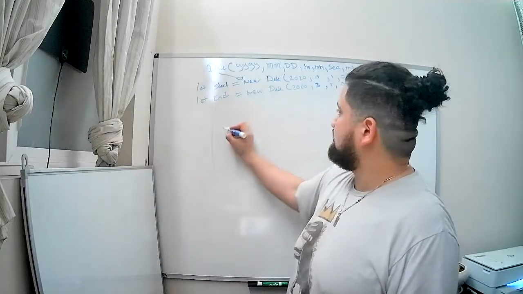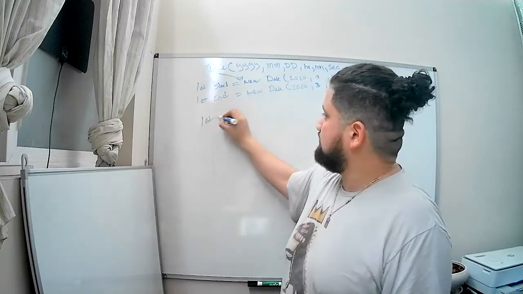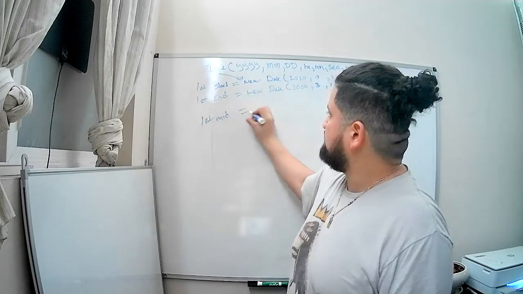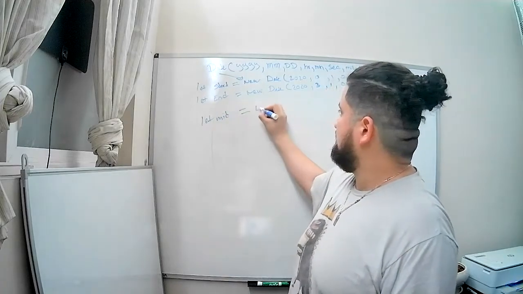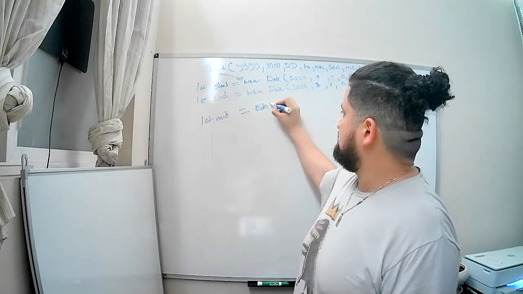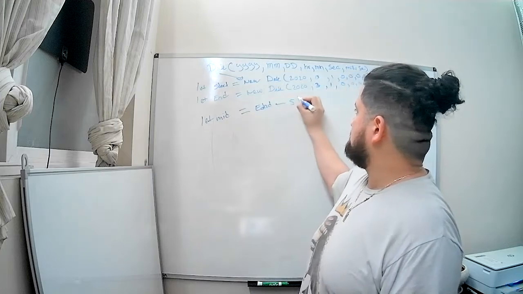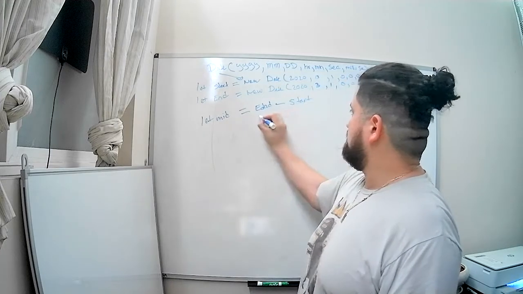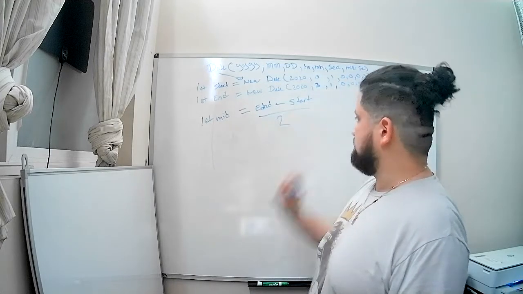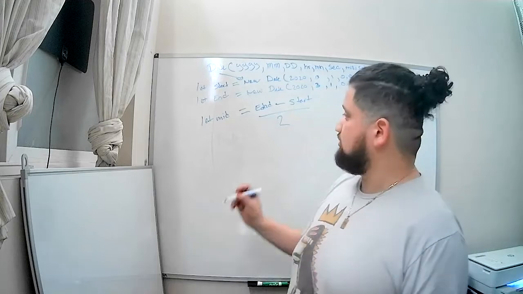Now, with that information in mind, we're just simply going to find the mid value again. So let mid be set to end date minus start, over 2. Now, let's console log that.